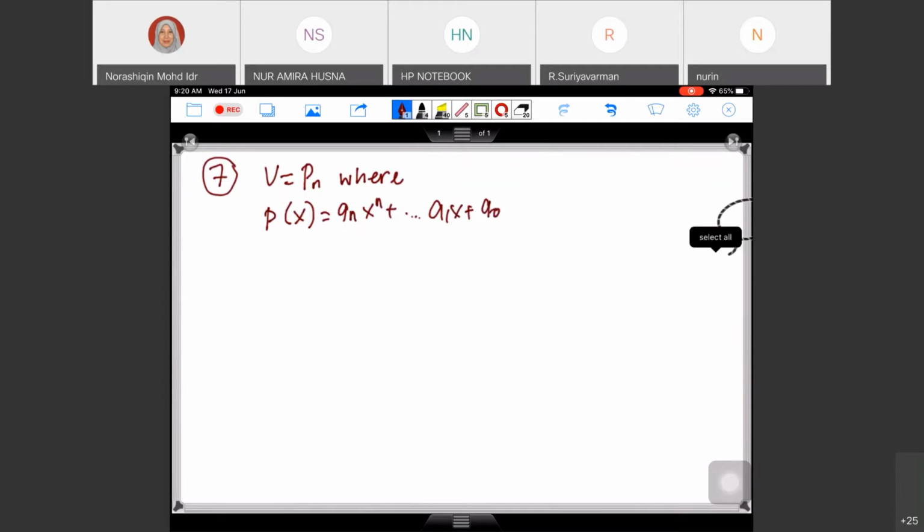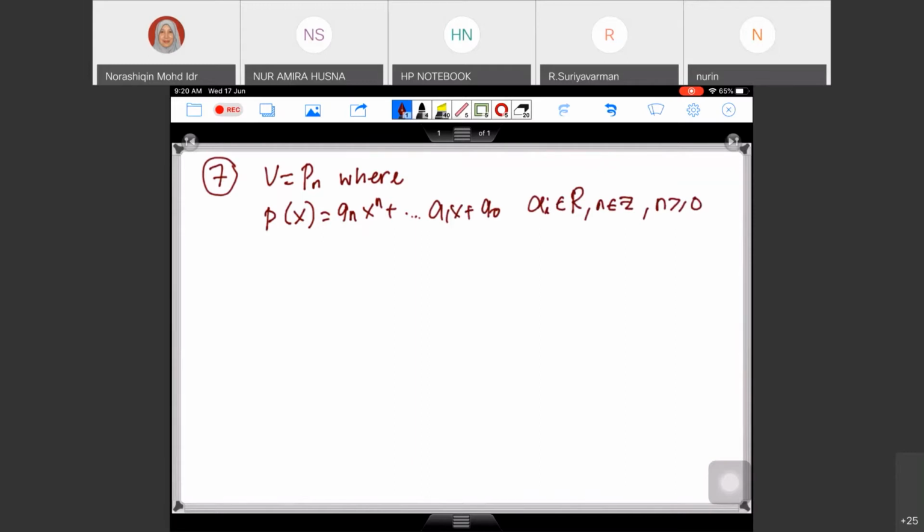All the a_i are real, n in Z, and a_n is not 0.